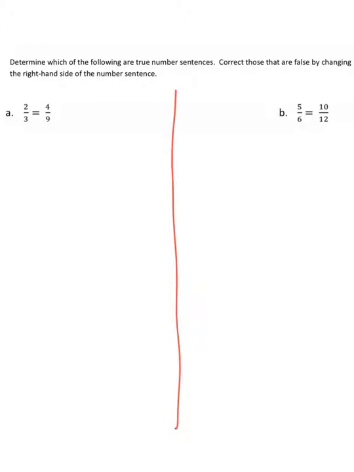Determine which of the following are true number sentences. Choose that they're false or correct them by changing the right-hand side of the number sentence. So if we look at 2/3, and they're saying it's equivalent to 4/9. Well, let's check that. If we did 2 times 2, we would get 4.